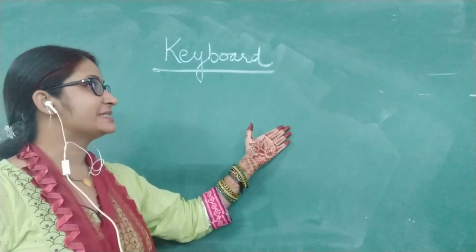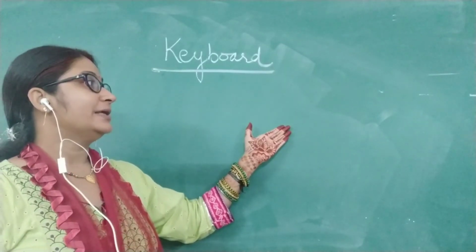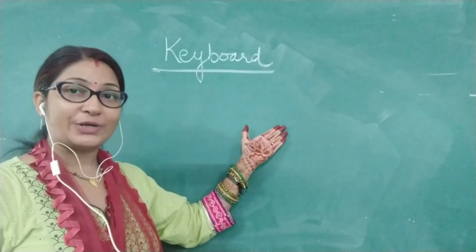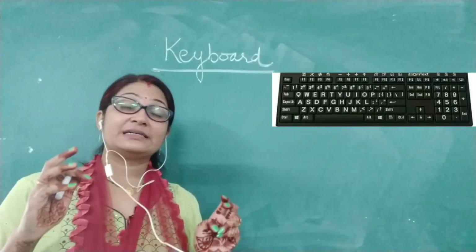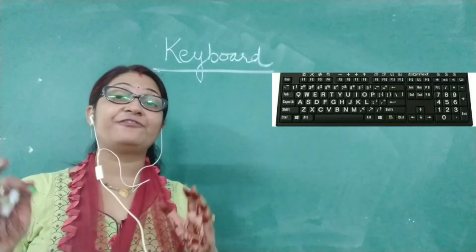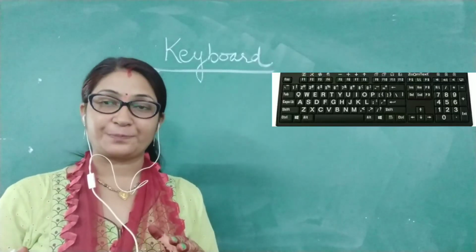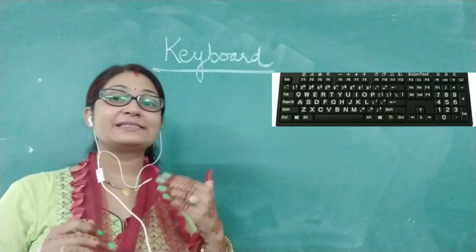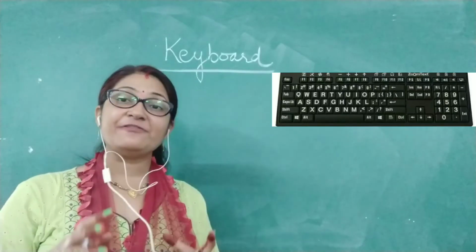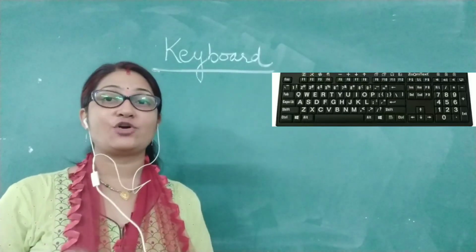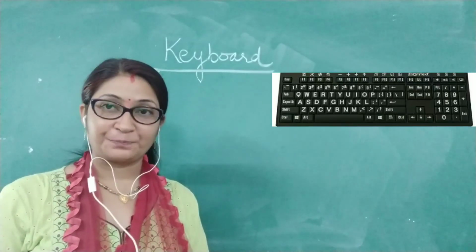So here you can see an image of a keyboard. Now, there are different keys on a keyboard. Before I start telling you about the different keys, let me first tell you why it is called a keyboard.